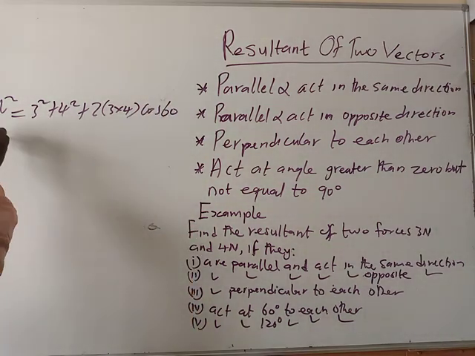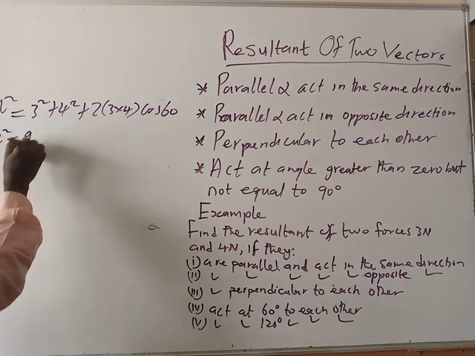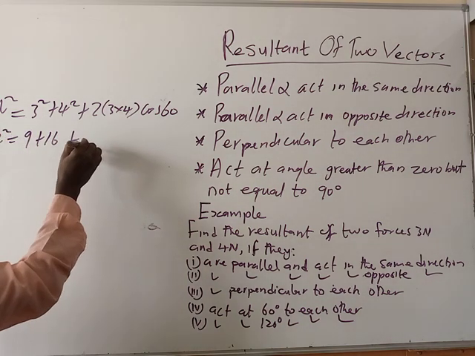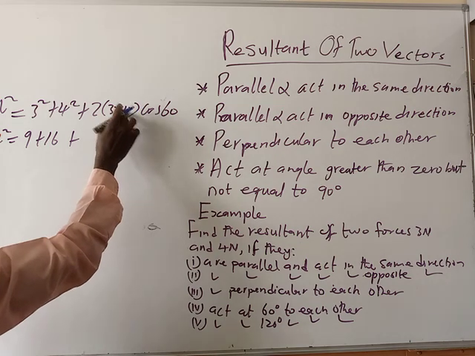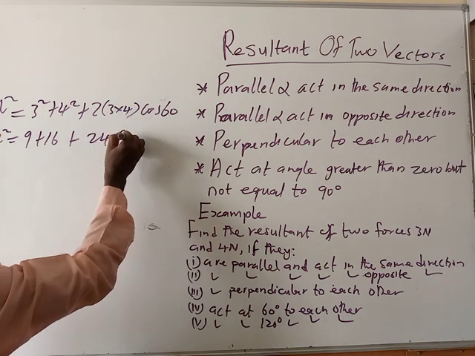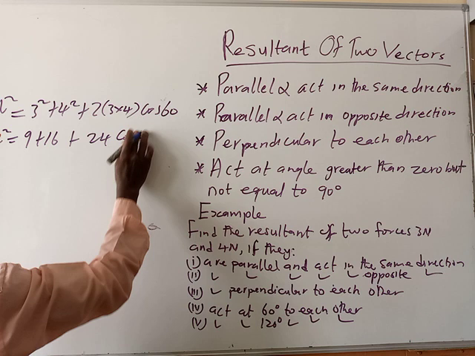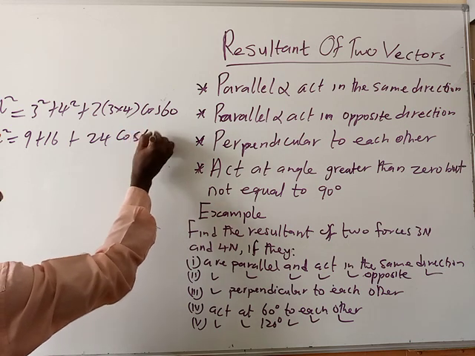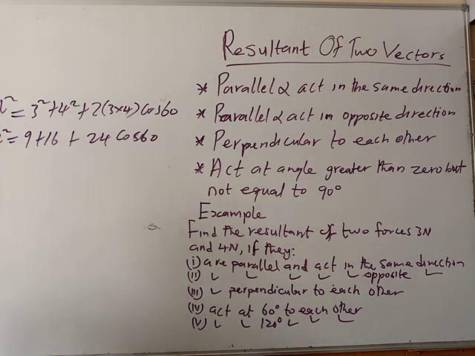Therefore, R squared is equal to 9 plus 16 plus 24 cos 60. And cos 60 is 1 over 2.